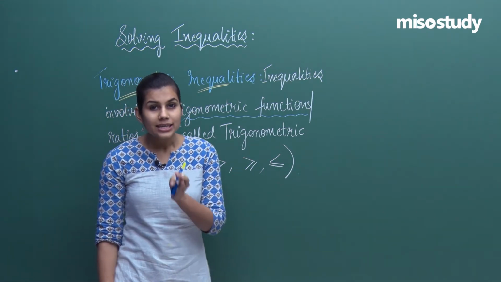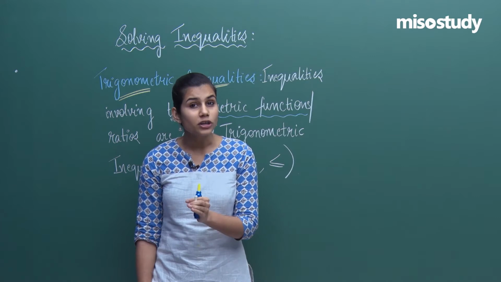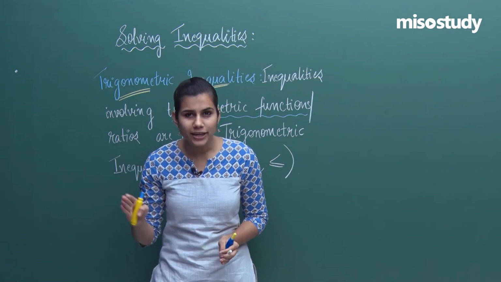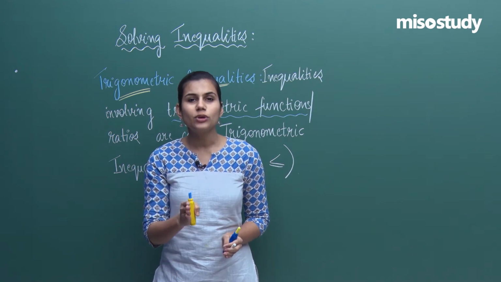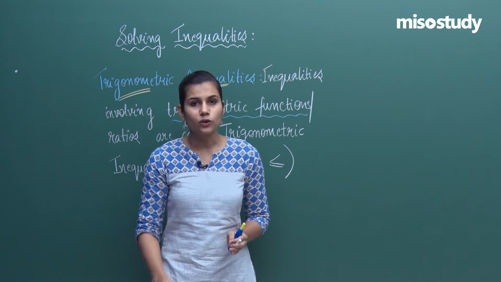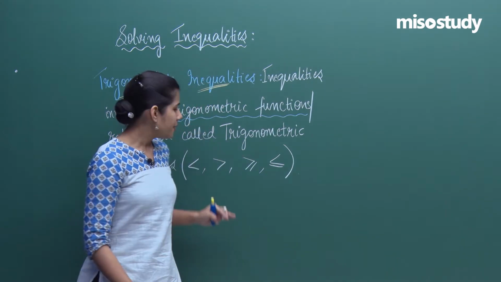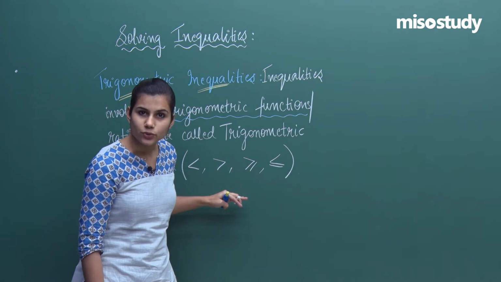Such an expression will not be called a trigonometric equation. It will be called a trigonometric inequality because there is not an equal to sign in between. Instead, there is an inequality in between.